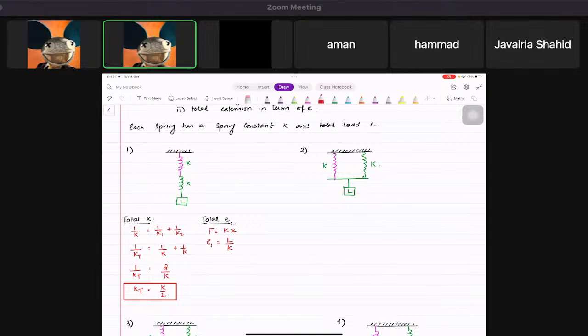And then for E2, it would be the same, load upon K. And then because the total extension ET is equal to E1 plus E2, because we know that in a series system, basically they're the same force, so then you're going to write load upon K plus load upon K, alright, like that.